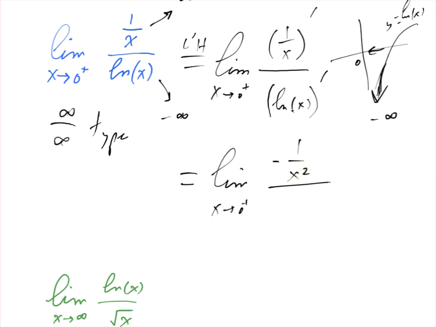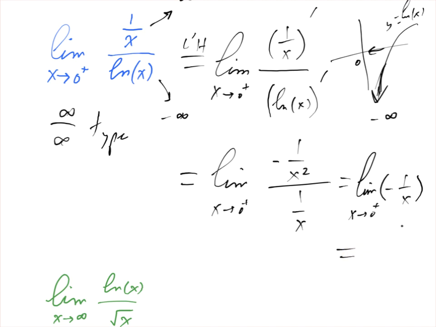The derivative of ln of x is 1 over x, and this can be simplified to the limit as x tends to 0 from the right of minus 1 over x, because you can multiply both numerator and denominator by x, so you have x over x squared, which is 1 over x with a minus in front.